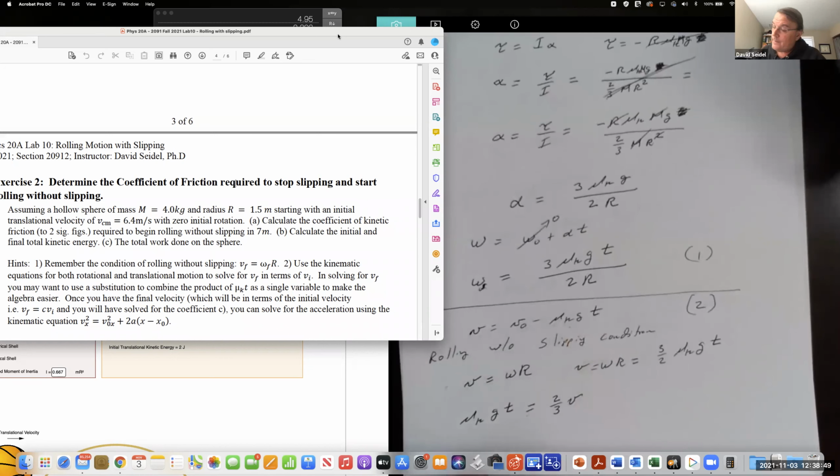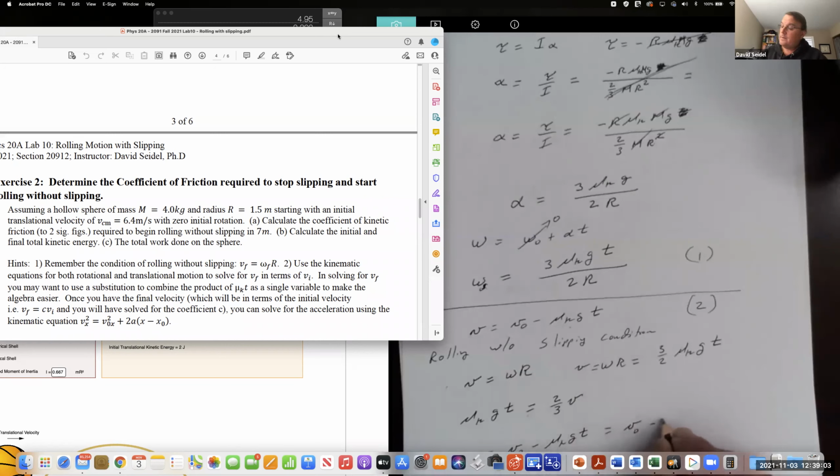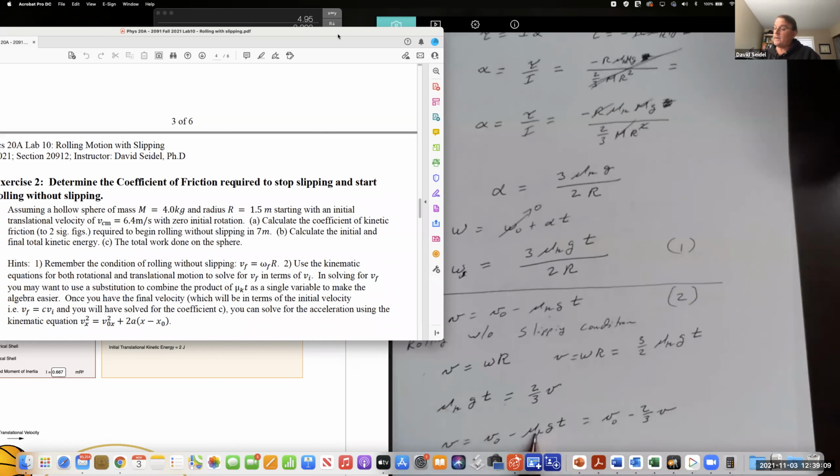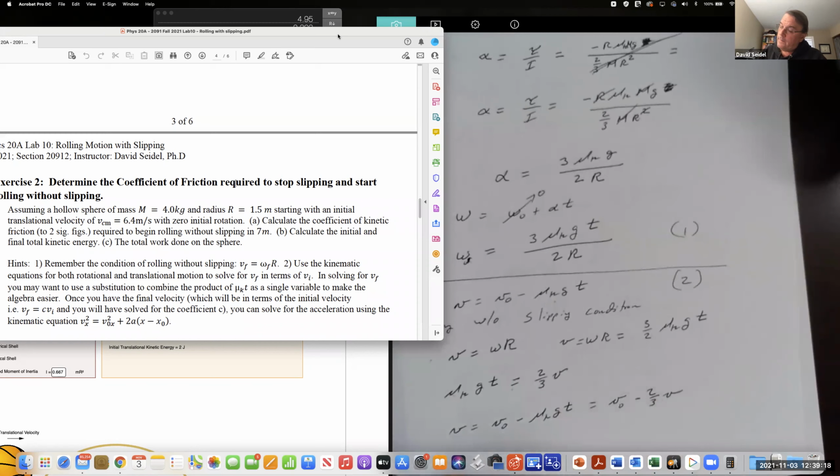V equal to V0 minus mu K g t is equal to V0 minus 2/3 V. So V equals V0 minus 2/3 V, or 5/3 V equals V0, or V equals 3/5 V0.